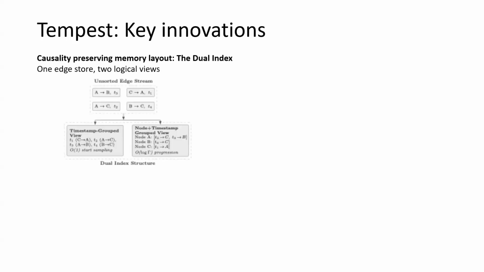So how did we make this faster? Basically, Tempest is a hardware and algorithm co-design. First, we created a memory layout to represent temporal networks on GPUs. On GPUs, we cannot efficiently use pointer-based data structures like maps or sets, so we rely on flat arrays to store the edges, and then we created two logical views to represent different stages of walks.